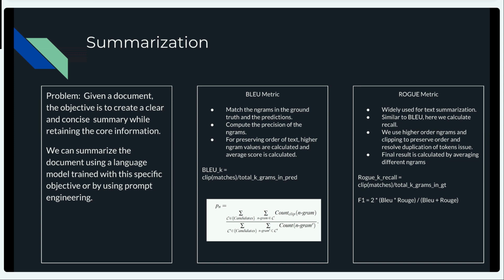So instead of calculating the BLEU score for unigrams, you calculate higher order n-grams, something like bigrams, trigrams, and so on. And for higher order n-grams, you calculate the BLEU score. In the end, you average out all the scores, and that's your BLEU metric. You can do the same with your ROUGE metric, and with both of these together, you can calculate your F1 score.